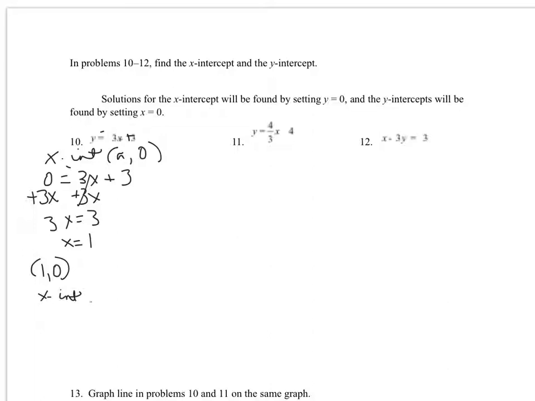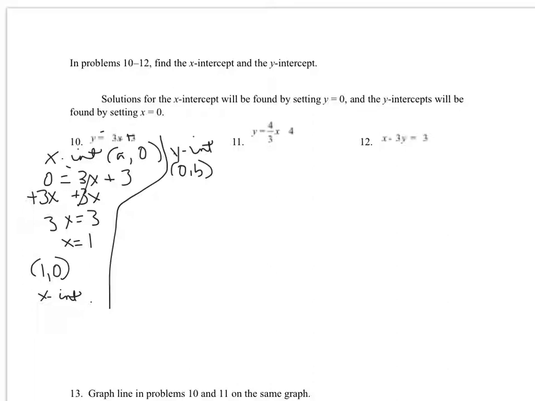Now, to get the y-intercept, all we're going to have to do is plug in 0 for x. So my y-intercept is always the ordered pair 0, b.